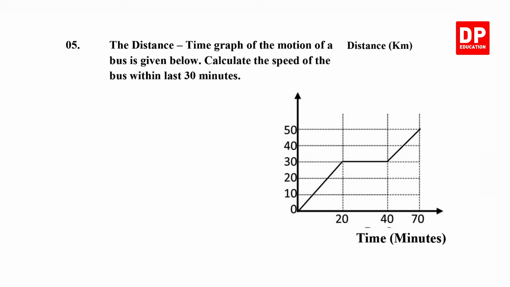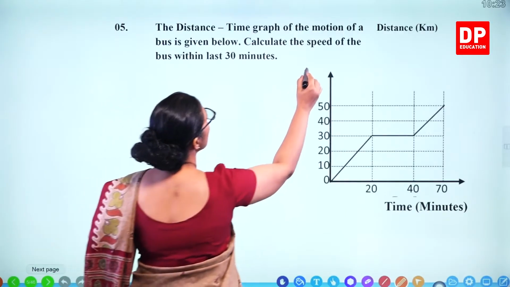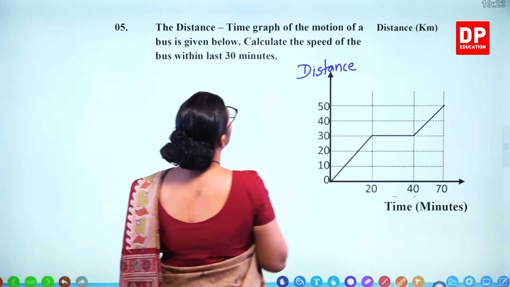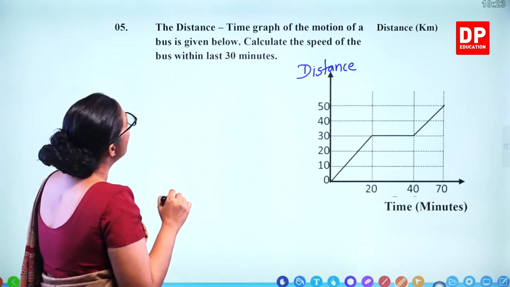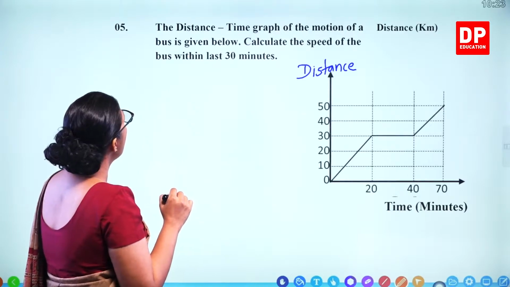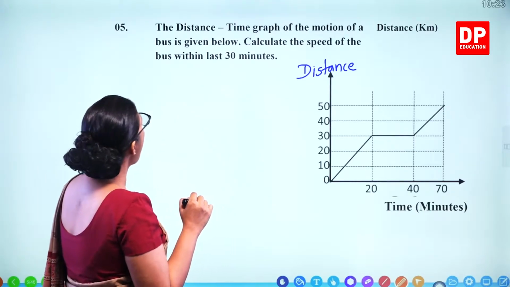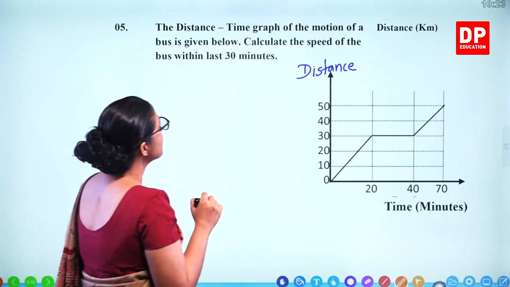Question number 5. The distance-time graph of the motion of a bus is given below. Calculate the speed of the bus within the last 30 minutes.